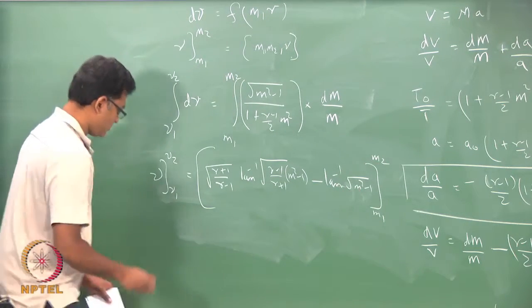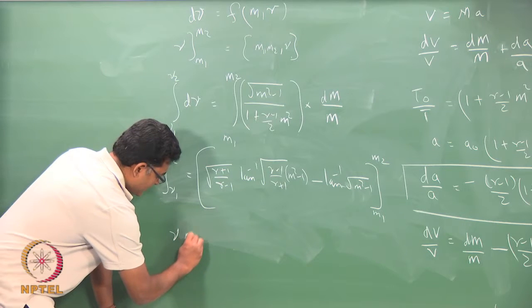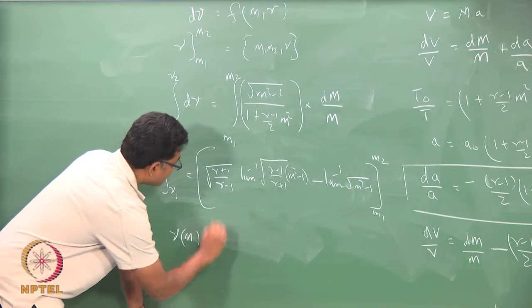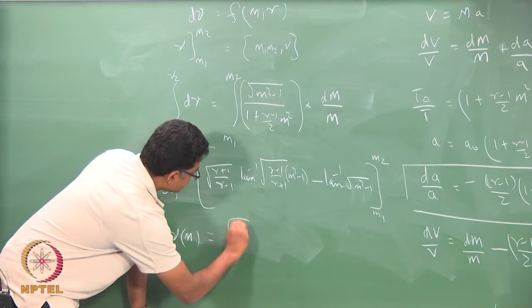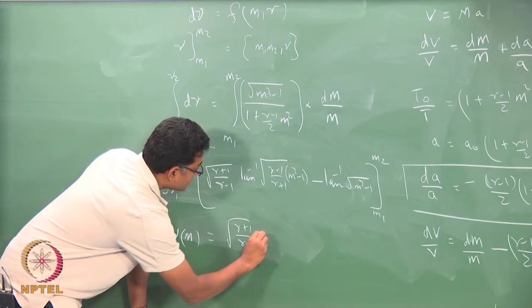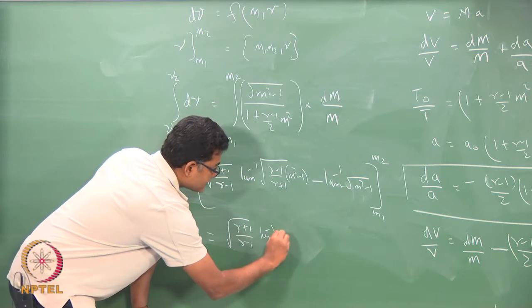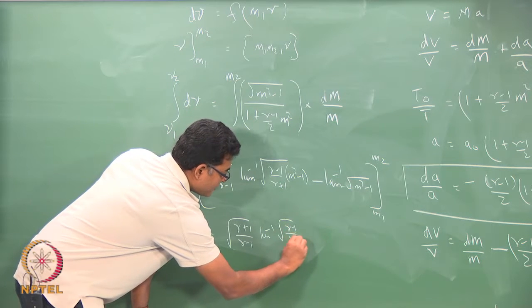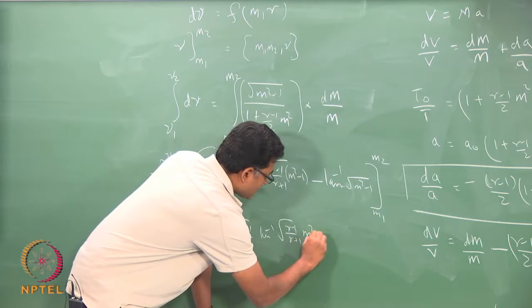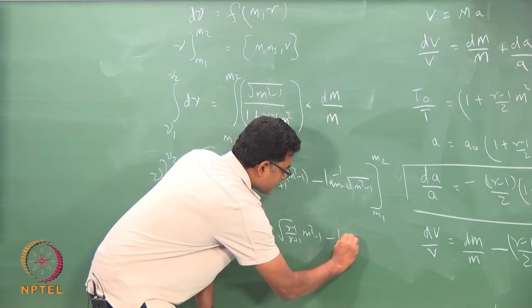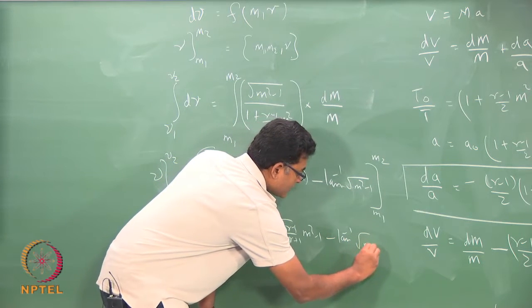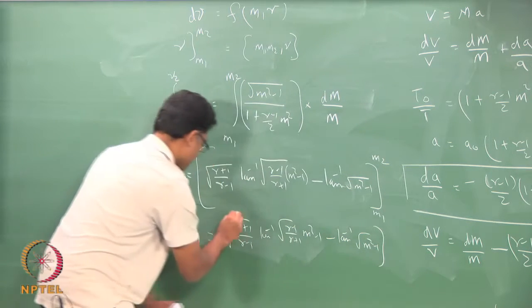Or I can write nu as a function of m, this particular quantity, which is root of gamma plus 1 by gamma minus 1 tan inverse root of gamma minus 1 by gamma plus 1 into m square minus 1, minus tan inverse root of m square minus 1. Okay.